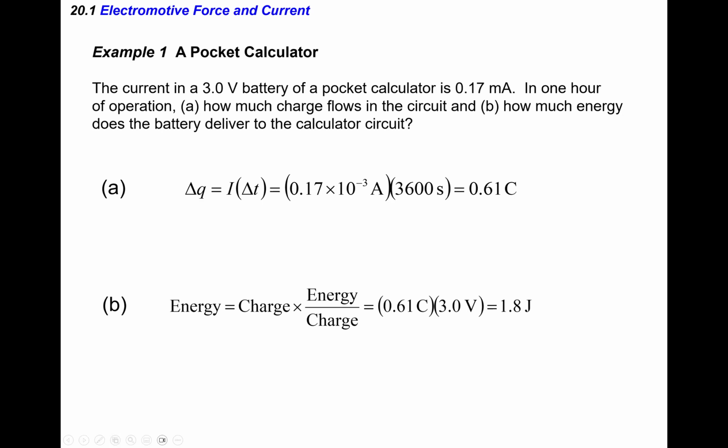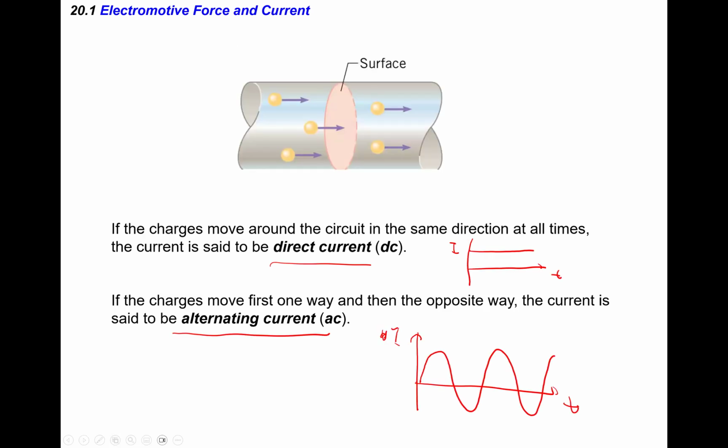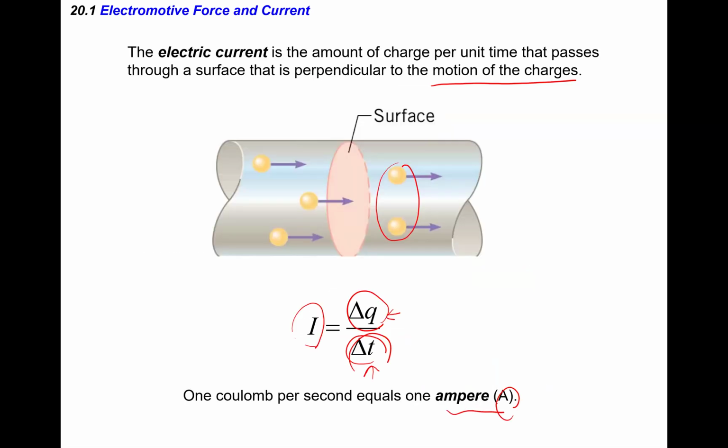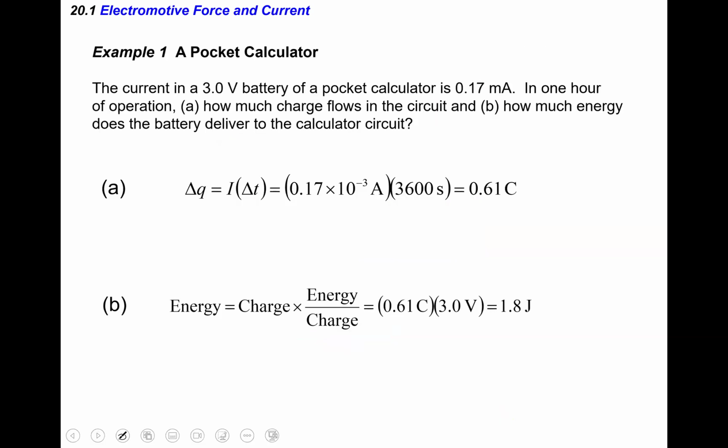You can do delta Q equal to current multiplied by time, which is given here, and then you get 0.61 coulomb. The time for 1 hour is 3600 seconds, using the equation I equals delta Q over delta T.